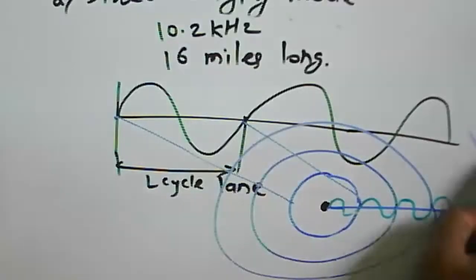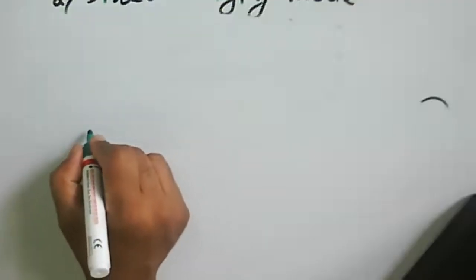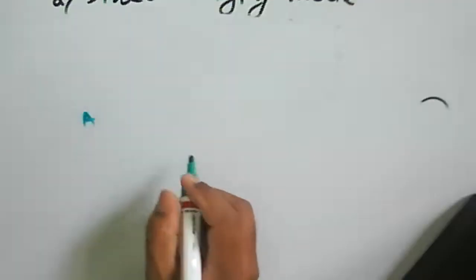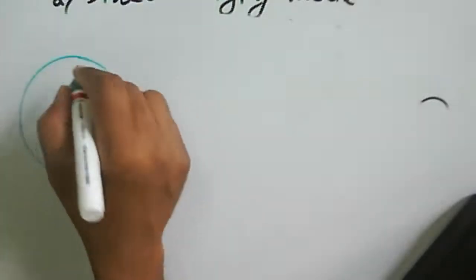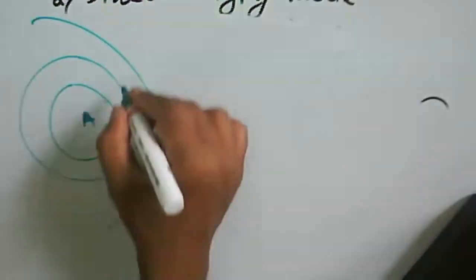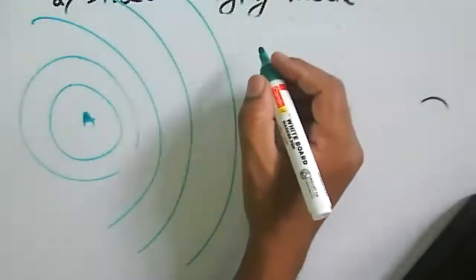So if we consider two transmitting stations now, here is one station. They form their concentric circles. Likewise, you can consider that these are the circles formed by this particular station.